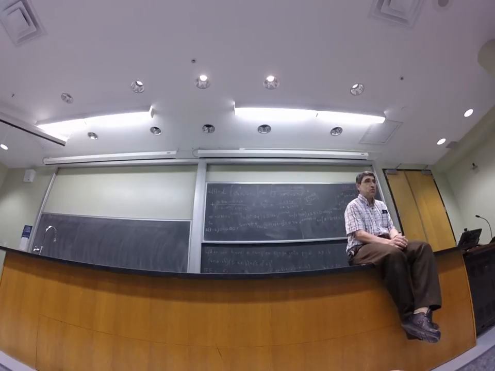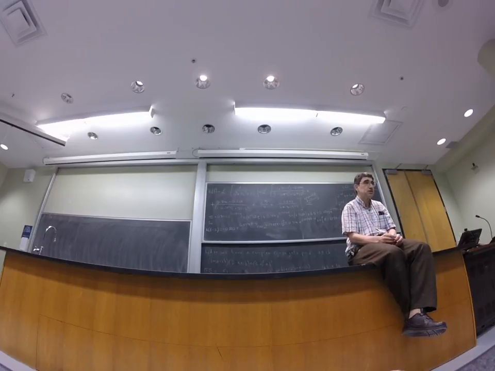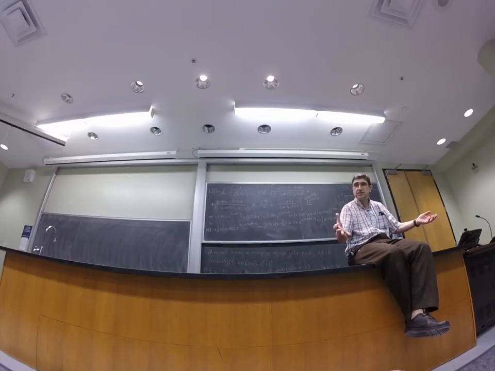But we know that each pole contributes e to the pole times t. And if we have a dominant pole and some space between that and the other poles, all the other pole effects are going to disappear so fast that it's almost like they're not there.